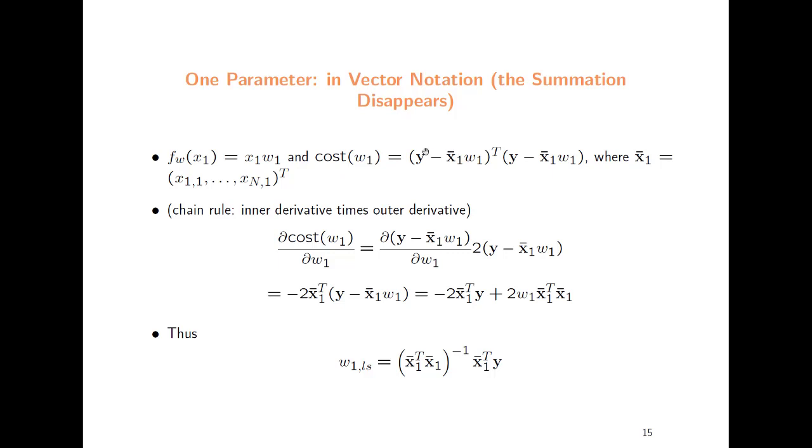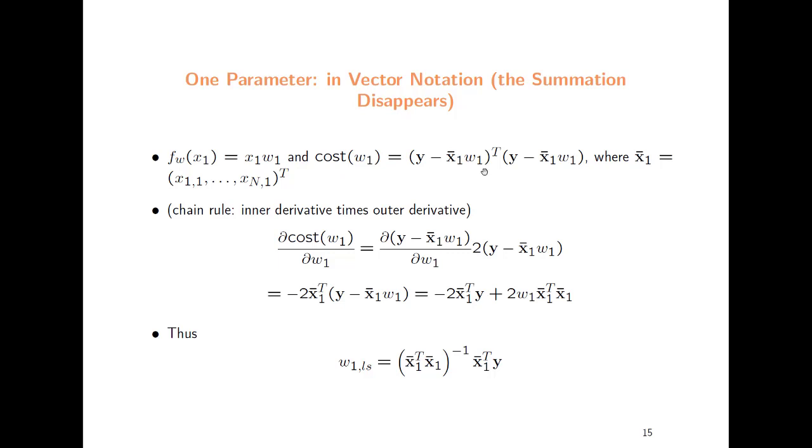So we have to take the derivative of this expression with respect to w1. I will show you the equations later, but it's more or less always the way you take derivatives with respect to scalars.